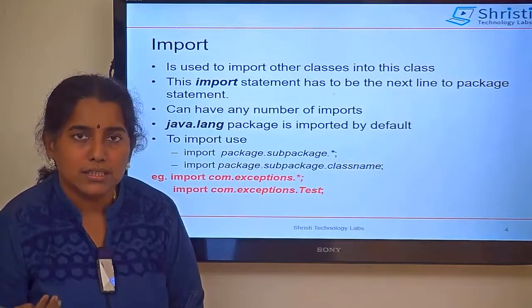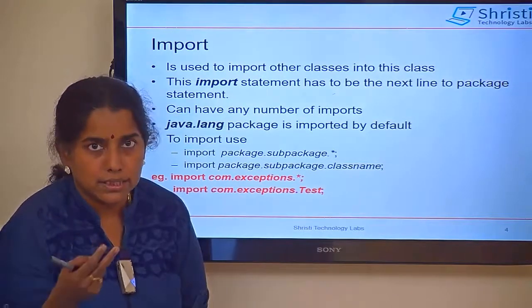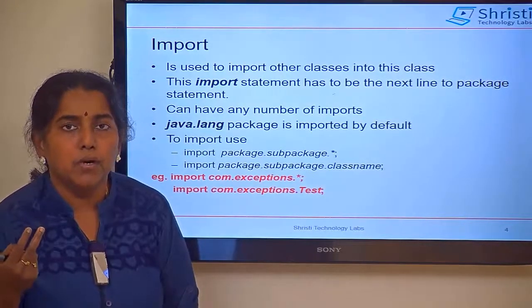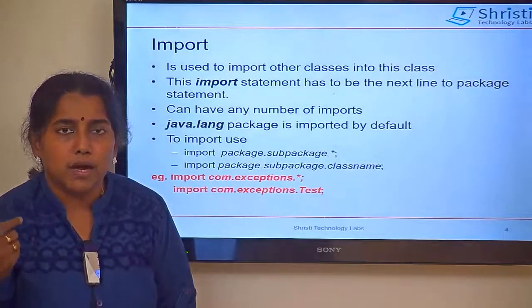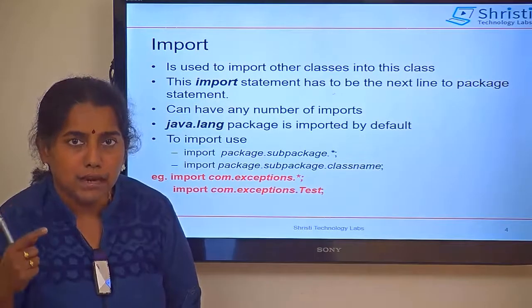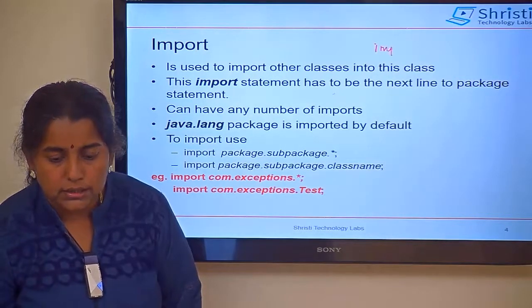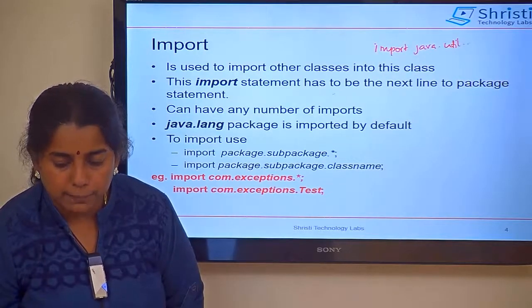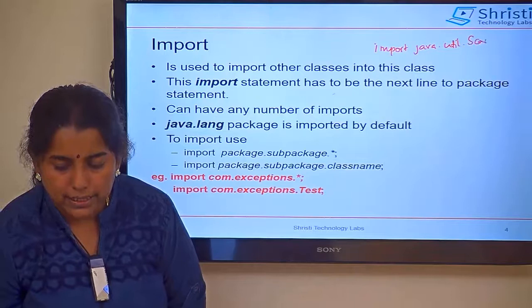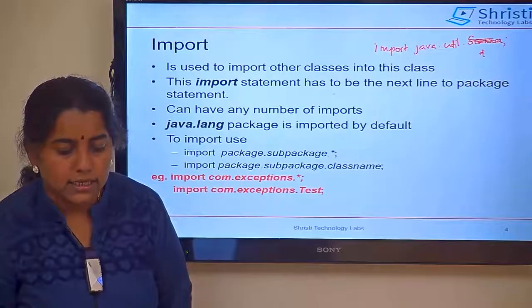You can use those classes directly. Example, String, System. These are the classes which we have used till now. What about Scanner? Scanner is from java.util. If we want to use it, we have to import that particular package. Import java.util. If I want that particular class alone, give the class name. If you want all the classes, give star.